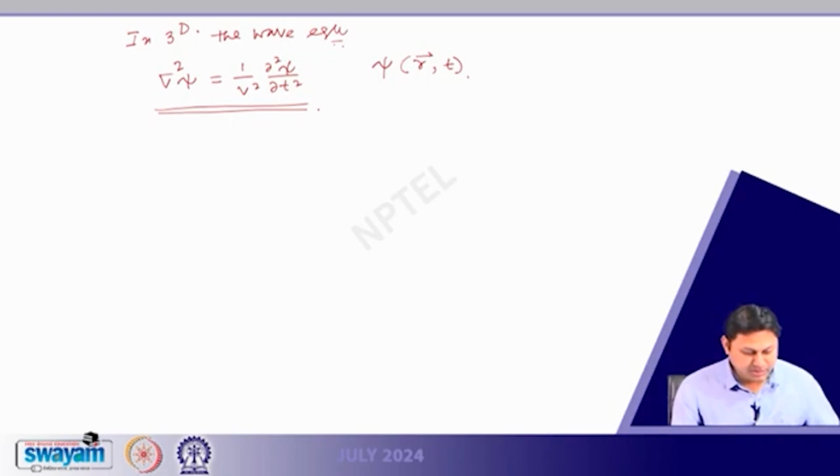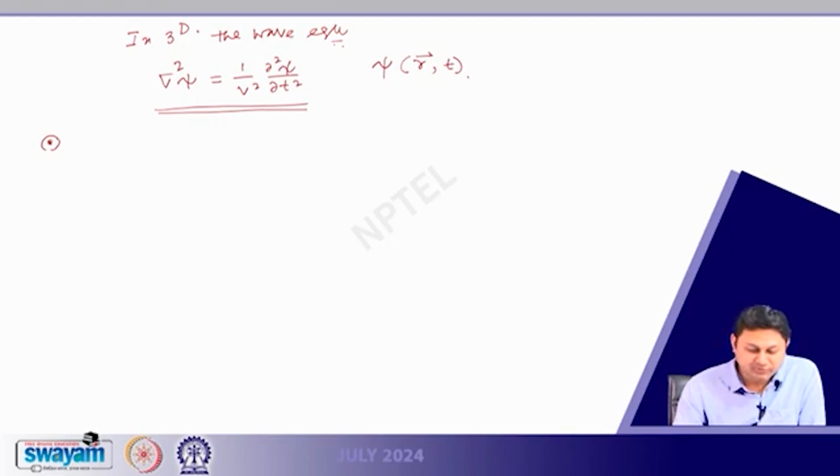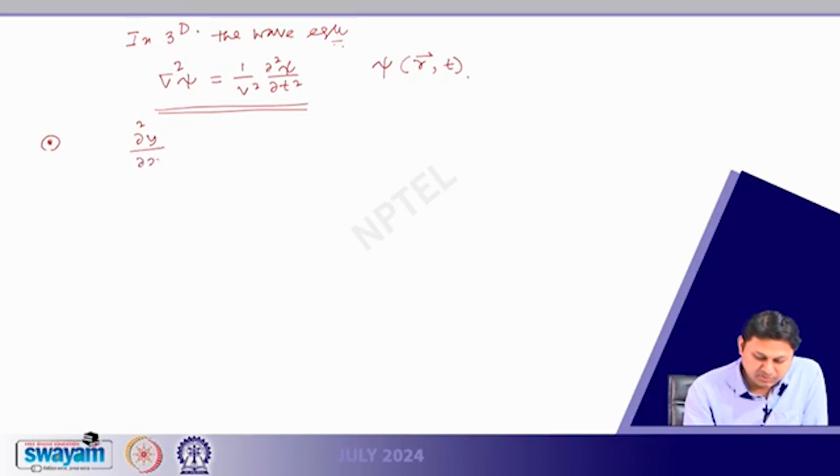With this note, now we would like to show in the next case what the most general kind of solution is that one can expect, for example, in the 1D wave equation. In the 1D wave equation we have, let me write it once again, d2y dx square is equal to 1 by v square d2y dt square.